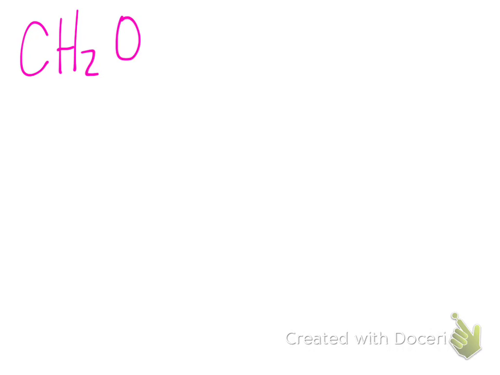Count our valence electrons. So 4 plus 2 plus 6 gives us 12 valence electrons total. Here's a clue as to what this skeleton should look like. These are called hydrocarbons, that have carbon and hydrogen in them.